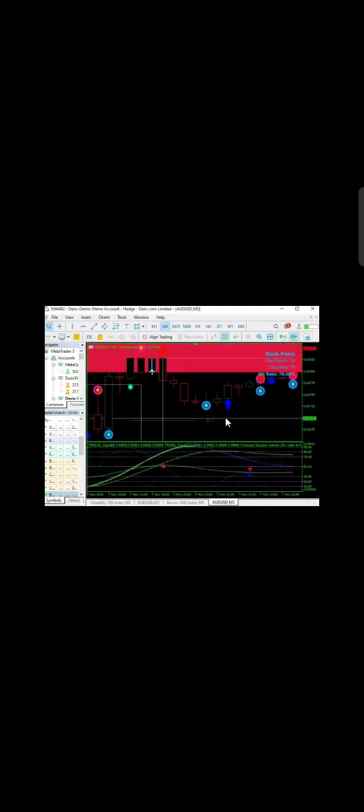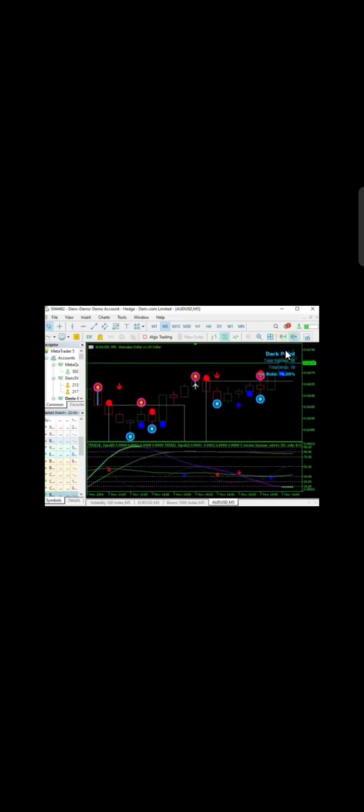This is a currency pair. You can see it here. When they intersect, look at it, sell. And when they intersect below, look at the buy trend. Look at it when they intersect below. Look at the buy trend.